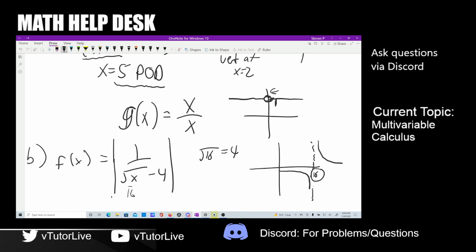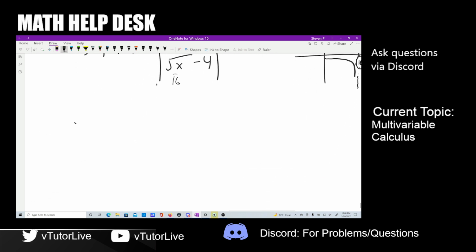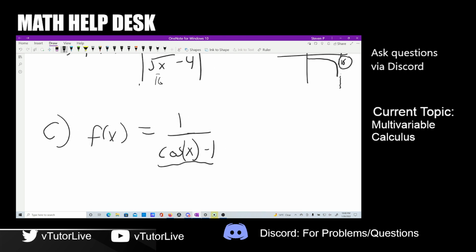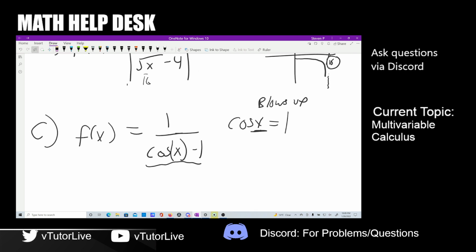Okie dokie. And for the next one, f of x equals 1 over cosine of x minus 1. Well, this is going to blow up whenever the denominator is equal to 0. So whenever cosine of x is equal to 1, it blows up. At this point, we just have to answer, when is cosine of x equal to 1?